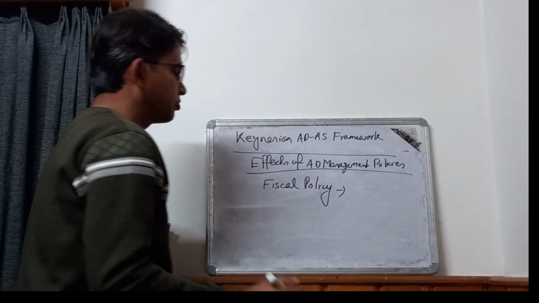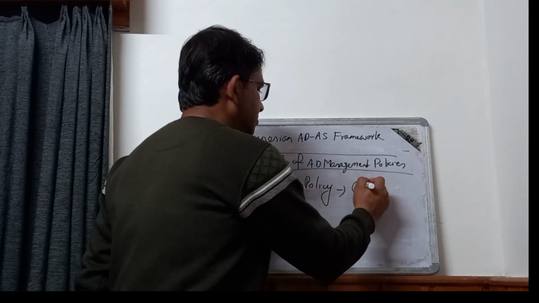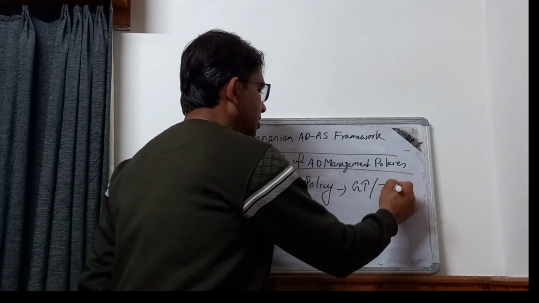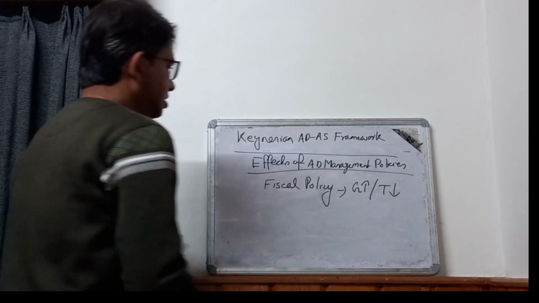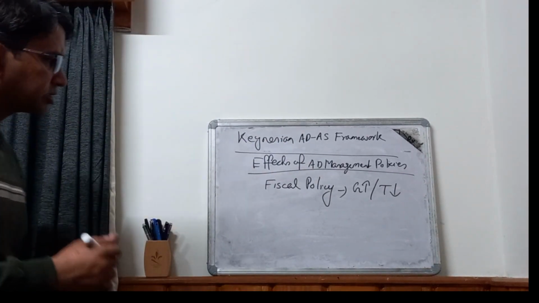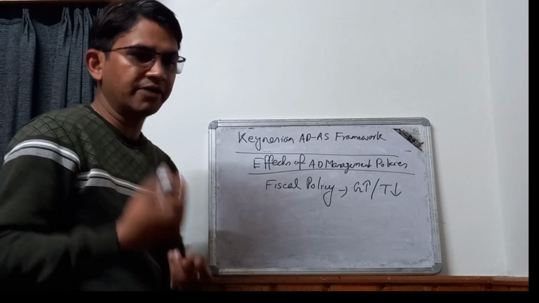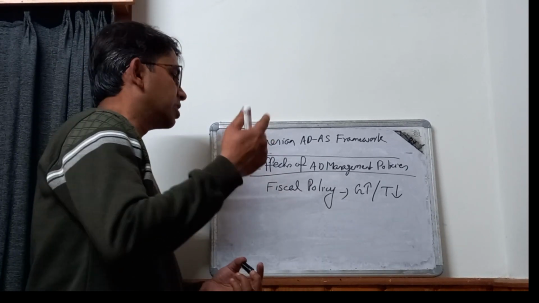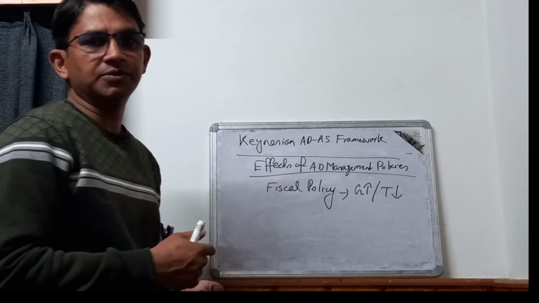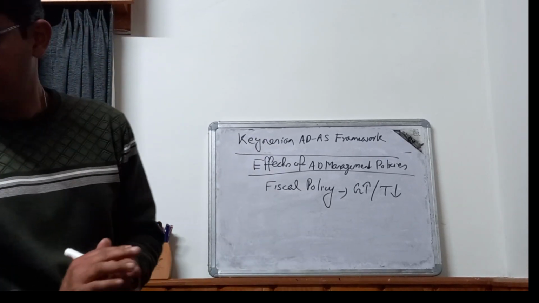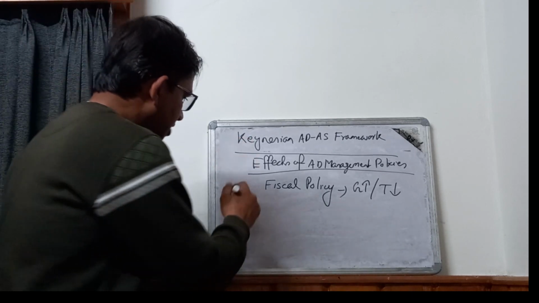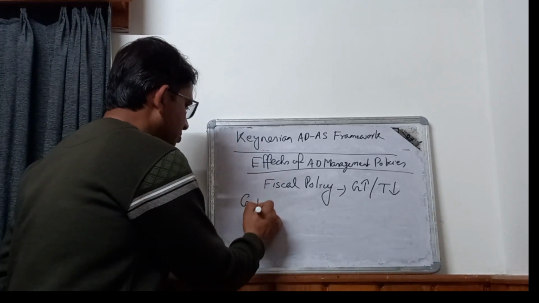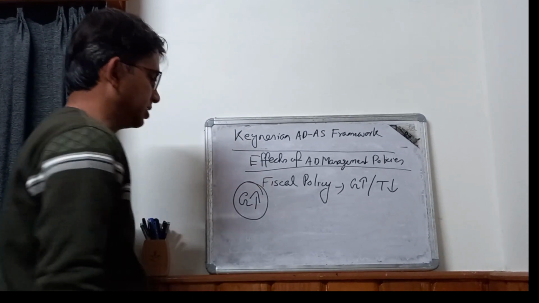There are two instruments, either an increase in public expenditure or a reduction in taxation. So first we'll discuss the fiscal policy and its effects on the output level, rate of interest, and the price level of the economy.